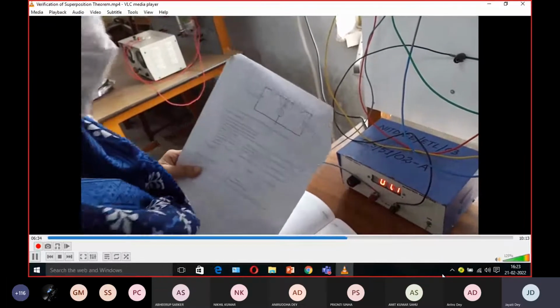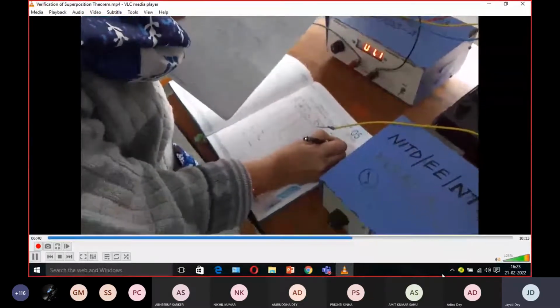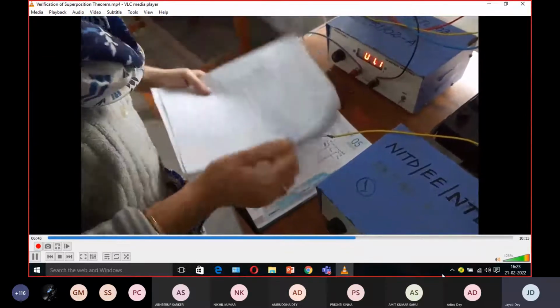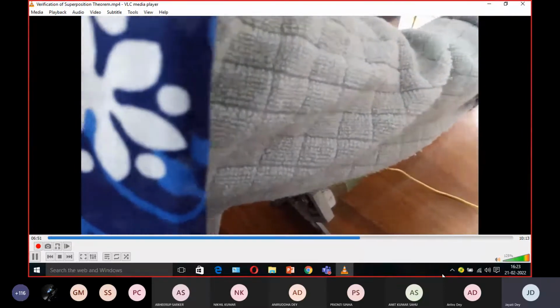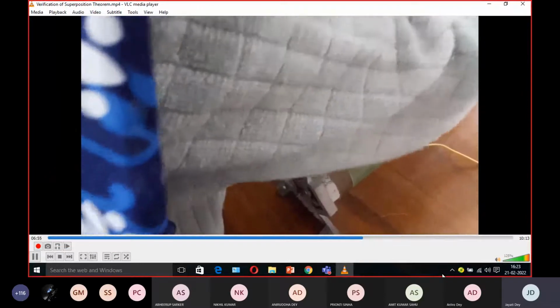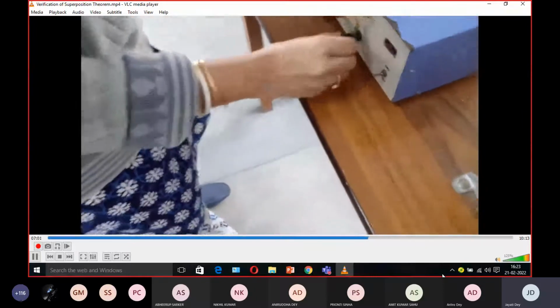Now only one run is left, that is V2 connected only, which will give us I1B, I2B and I3B. Now let me redo the process. First, I am connecting the V2 again in the network, and then I will remove V1 from the network.